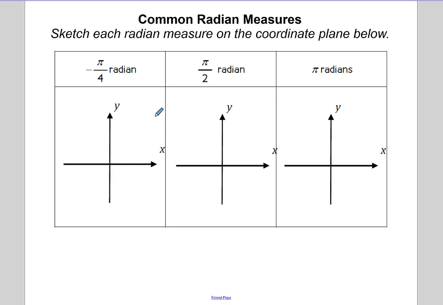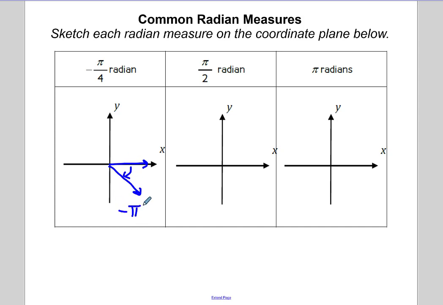In this example, we're going to look at some common radian measurements. So 1/4 of a pi radian in a negative direction. Starting here on the positive x-axis, if we went all the way over here, this would be an entire pi, because pi is 180. And this would be half of a pi at 90. So 1/4 of a pi in a negative direction would be negative 45 degrees that way.